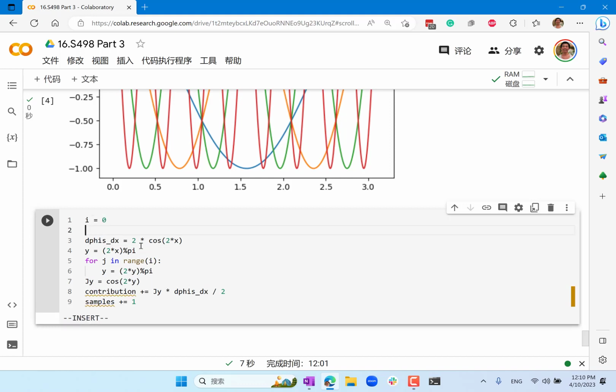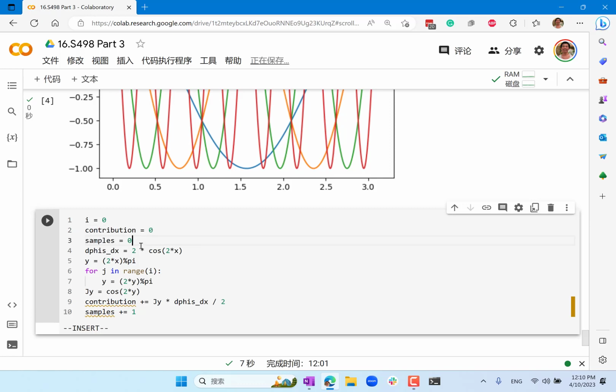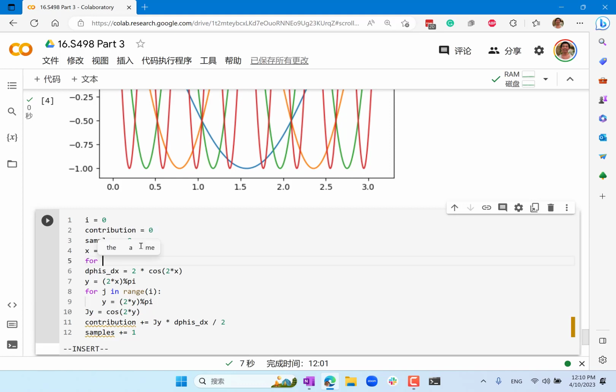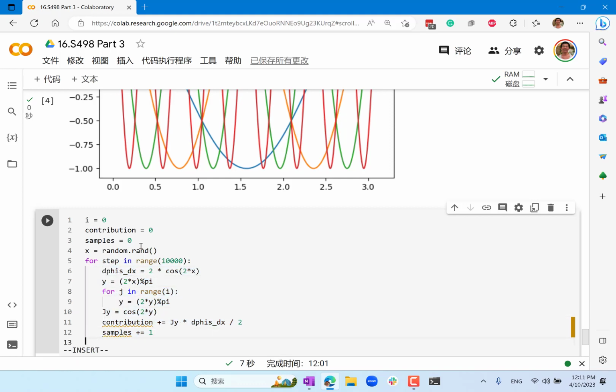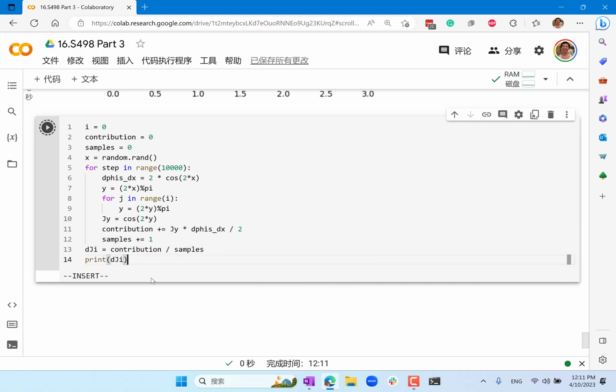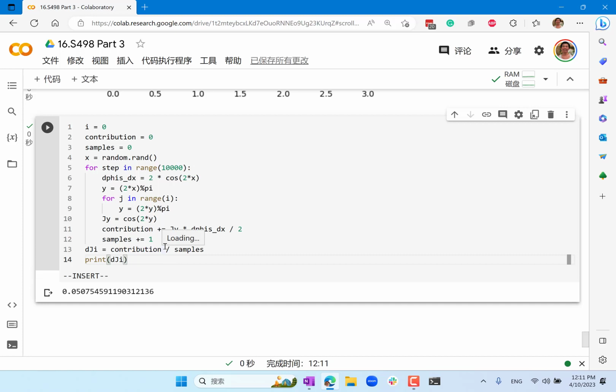So I'm going to set the contribution to 0 and samples to 0 to start with, and x equal to random.rand, and for step in range long step, I'm going to be computing this, and at the end I'm going to see contribution divided by samples is this, dJ_I is equal to that. Okay, and x.